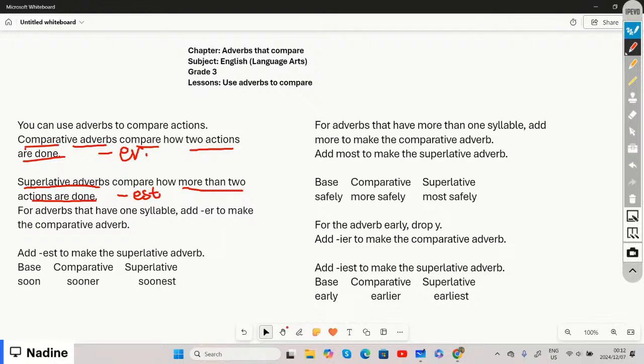And for adverbs that have one syllable, all we do is add er to our comparative adverb and add est to our superlative adverb.